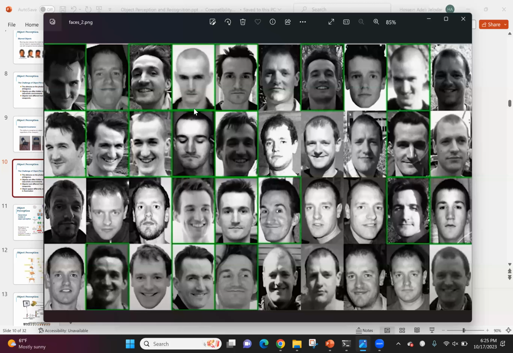Every time you look at someone from a different angle, different lighting, you see parts of their face, or they're blurry, occluded. In all of those conditions, object recognition becomes more challenging. But we're able to go from an ambiguous retinal image to an identity that is invariant to all those changes.